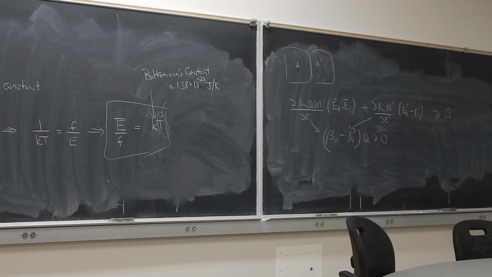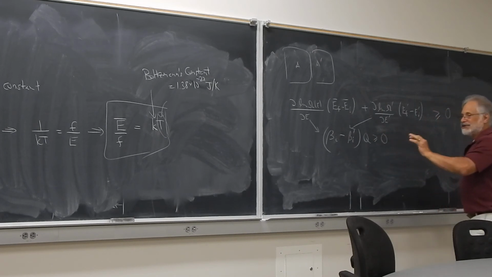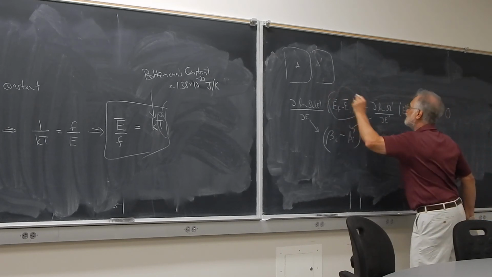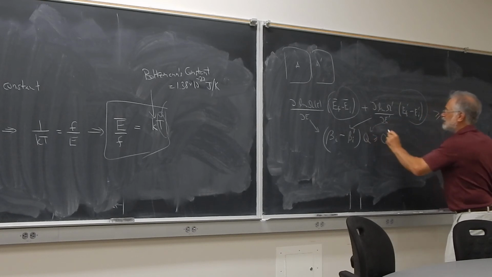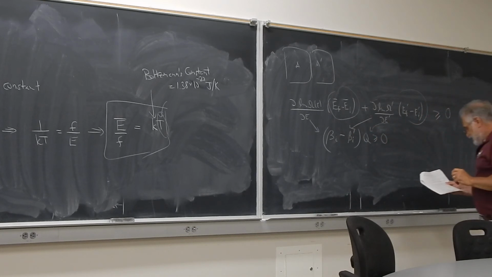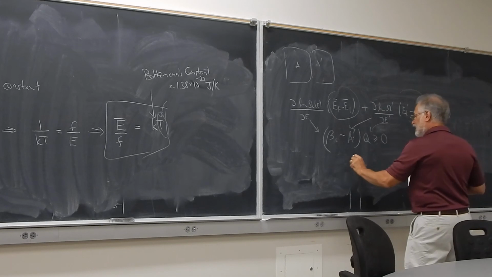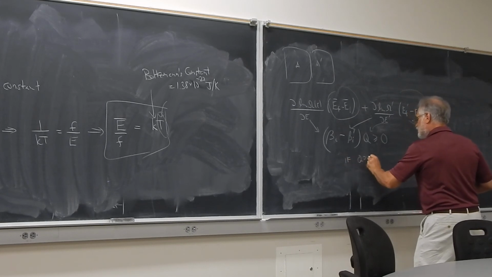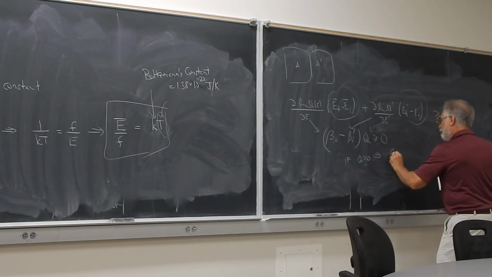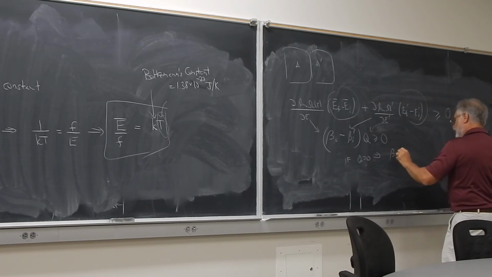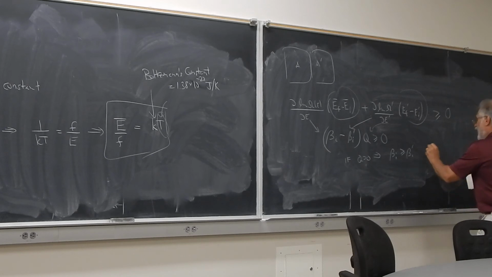Specifically, the only interaction is the thermal interaction. There's no work, no external parameters changing. Therefore, this change in energy can only be thermal energy. So therefore, we have this condition. That means that if Q is greater than 0, it must be that beta initial has to be greater than or equal to beta initial prime, and T initial must be less than or equal to T initial prime for this to work.